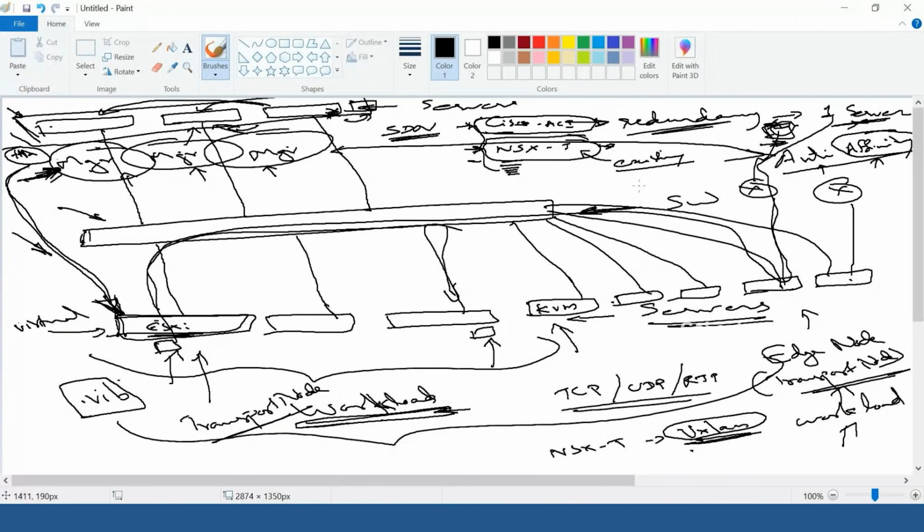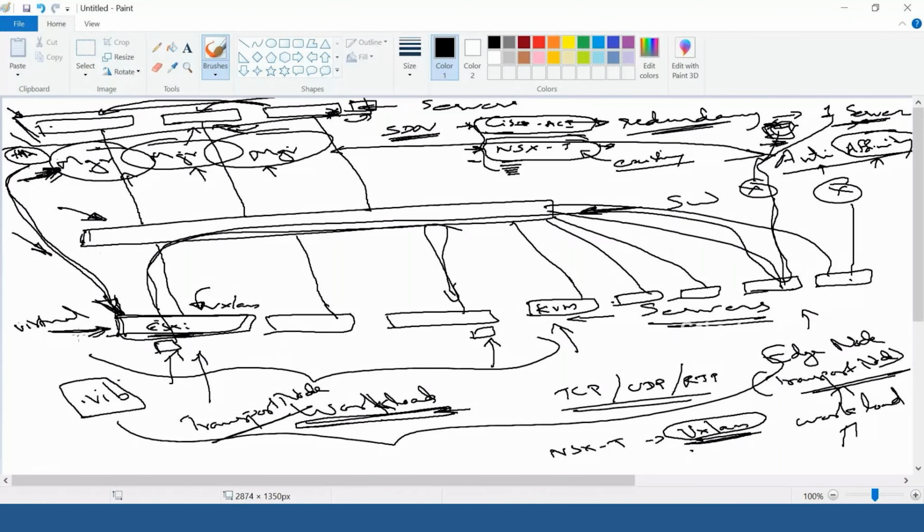Now coming to your question, how come, right? We are not replacing the existing hardware. What about VXLAN? Your VXLAN encapsulation and decapsulation will happen on your servers, not on your switch.